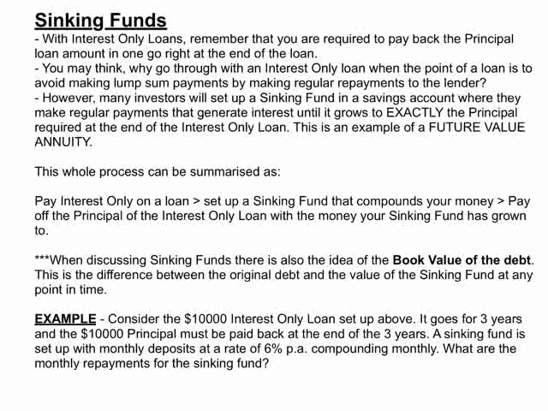But in recognition of the fact you need to pay the principal off right at the end in one go, they'll set up a savings account, a sinking fund, which is where you put money in regularly and it compounds, okay? And they'll set it up in such a way that that sinking fund will grow to be exactly the amount of the principal that you need to pay at the end of the interest-only loan. Okay, so you set up a second thing to pay off the first thing.